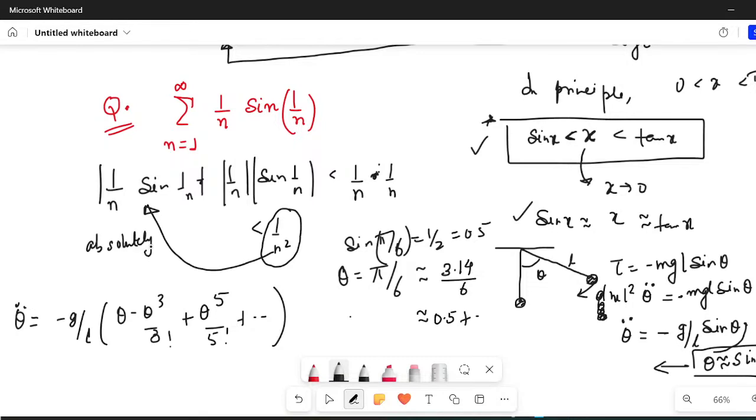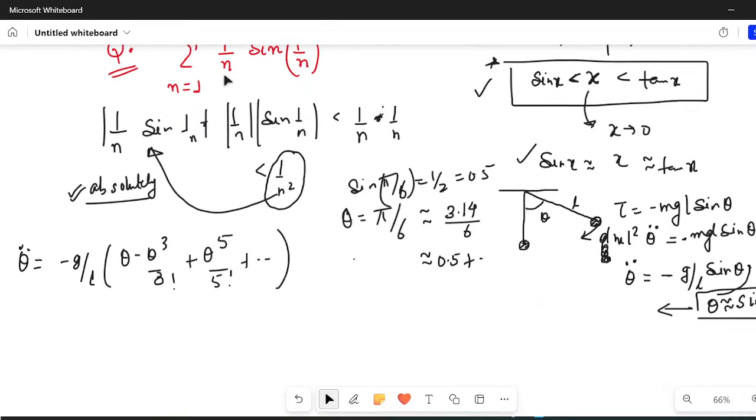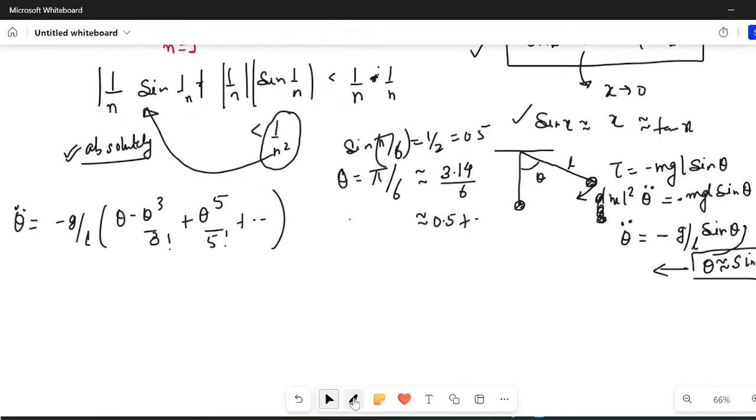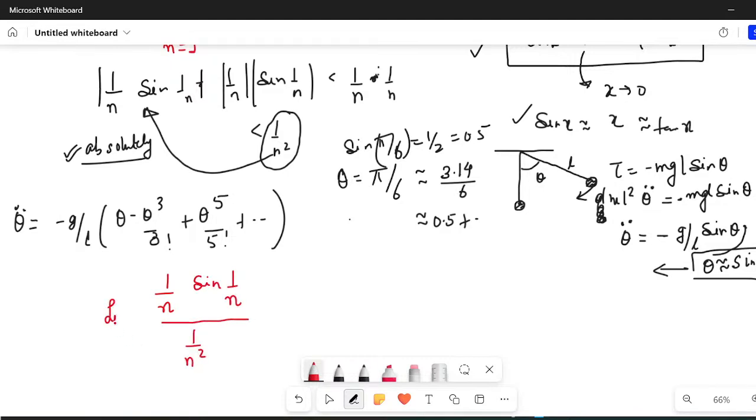And I told you yesterday, if a series is absolutely convergent, then it is convergent. I hope it is clear. Or otherwise, you could also have taken the limit comparison test, in which you just compare it with 1 upon n square. As n tends to infinity, this limit will come out as 1, and certainly this is a non-zero limit.